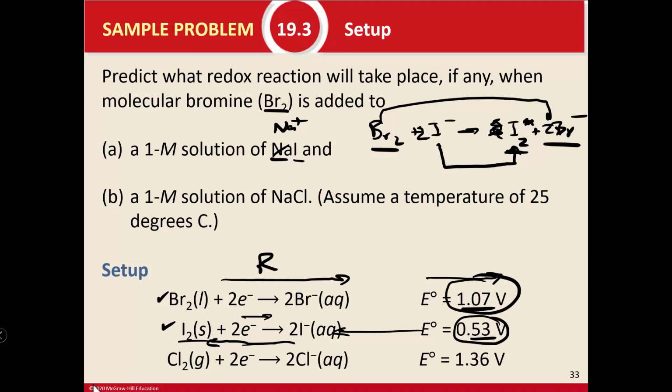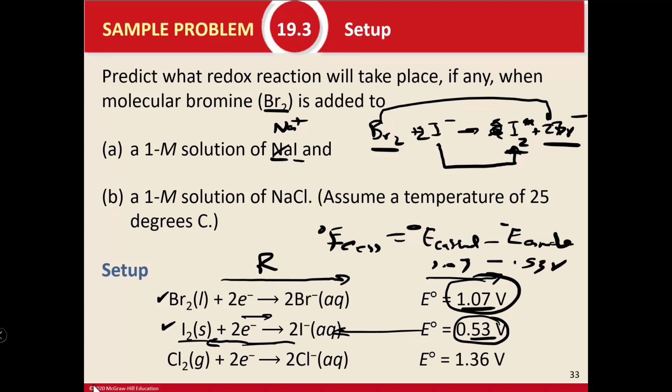So what we would have here is the standard E cell potential equals the E of the cathode minus the standard E of the anode. The cathode is where reduction takes place, so that would be 1.07. And the anode is where oxidation takes place, so that would be minus 0.53 volts. If we add those together, we're going to get a positive value.